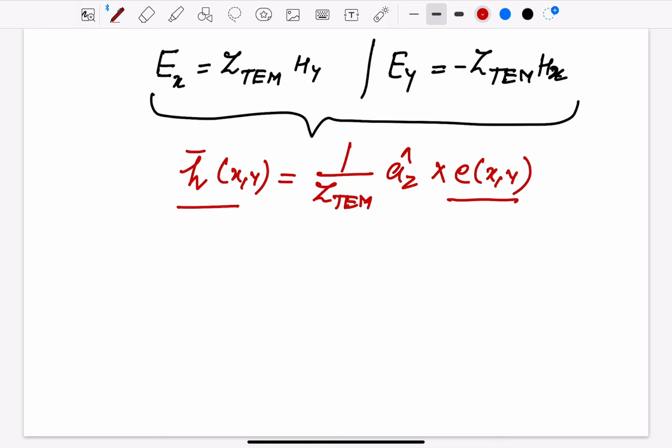And what are those? These are the longitudinal components we defined at the very start. I can recall these things once again.